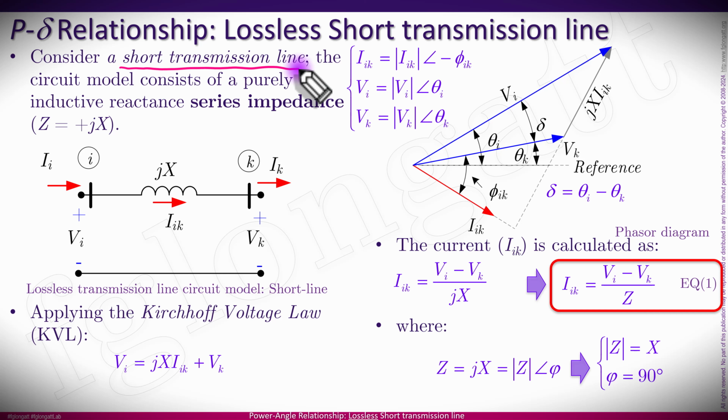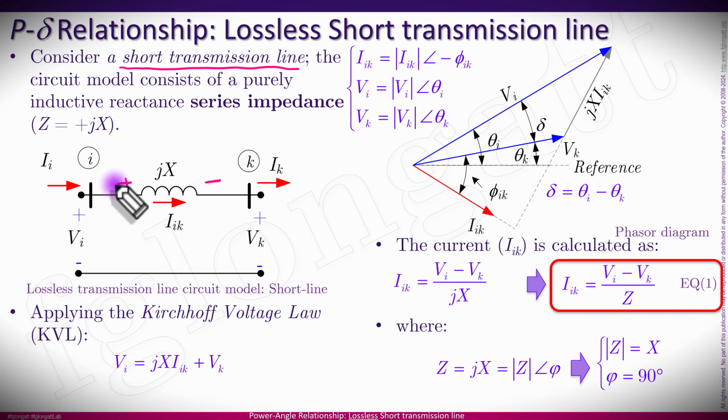So today we are using the lossless transmission line circuit model that is presented over here. As you can see, we have a model where there is an inductive series reactance, and we have this very important voltage drop across it.